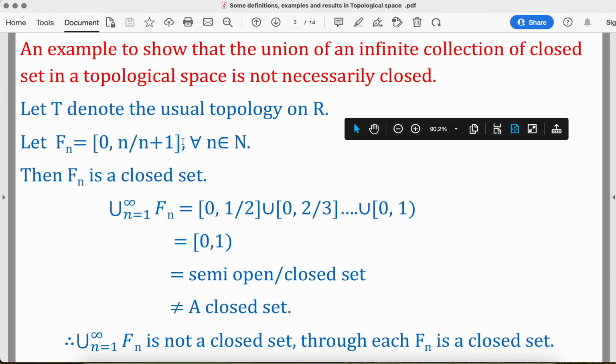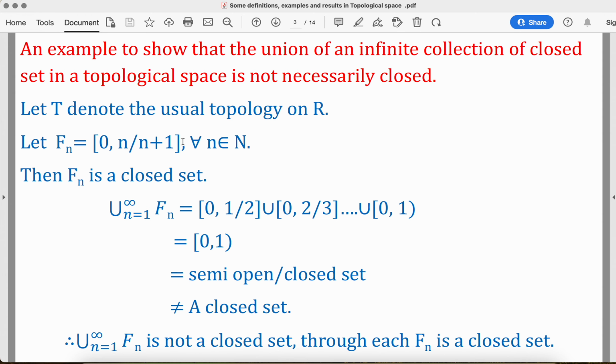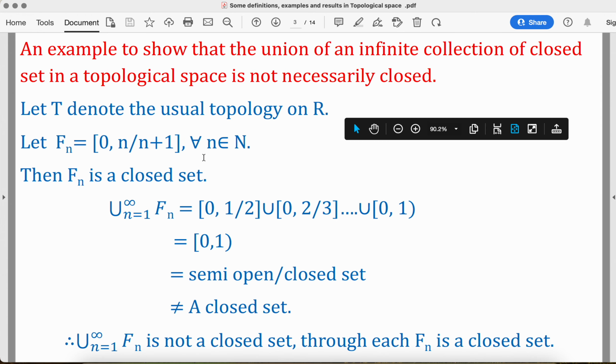Now we will show that the union of an infinite collection of closed sets is not necessarily closed. So how will we find its union? Union over n equal to 1 to infinity of Fn: if you put 1, it is 0 to 1 upon 1 plus 1, meaning 0 to half. If we put 2, it is 0 to 2 upon 2 plus 1, 0 to 2 by 3.